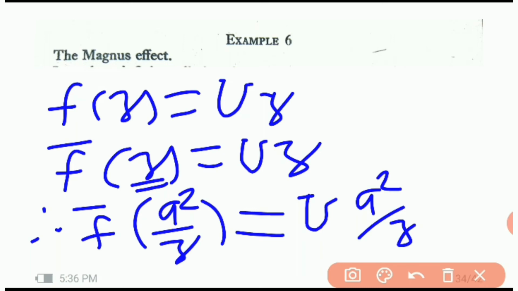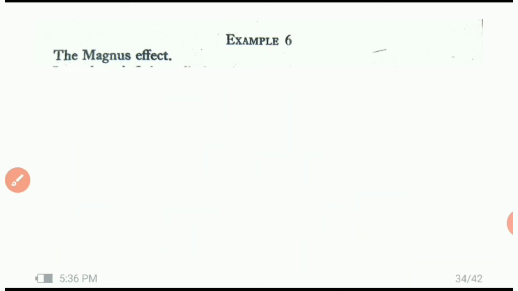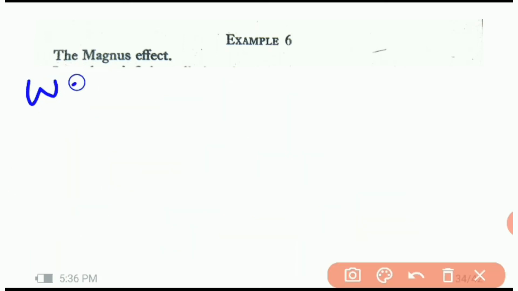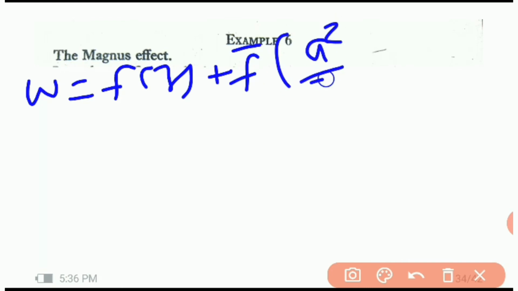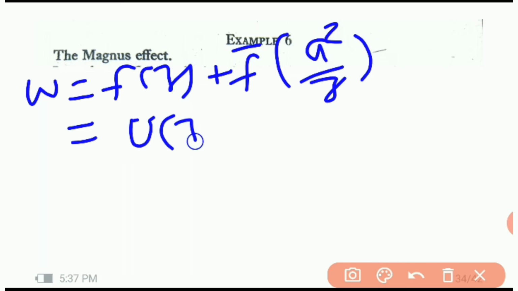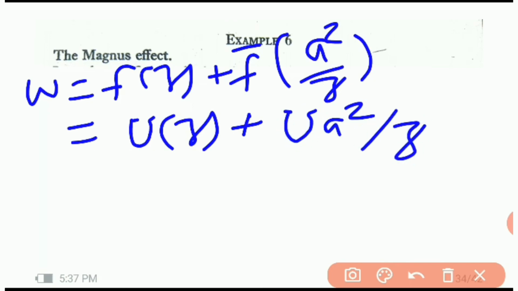And we know that w is equal to f(z) plus f bar of a² by z, and this is equal to Uz plus U a² by z.